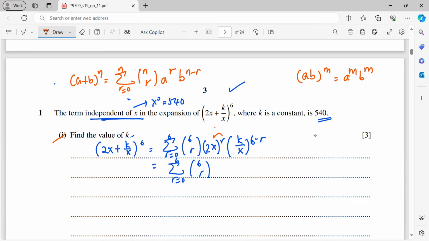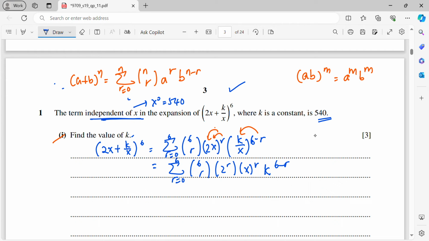So this r must be brought into the bracket, and the same goes for the other term. So from here, I will be getting 2 degree r times x degree r. Then this 6 minus r will be brought into the k and also x. It will be k to the power of 6 minus r, and your x is the denominator.